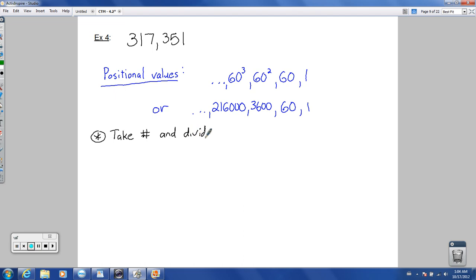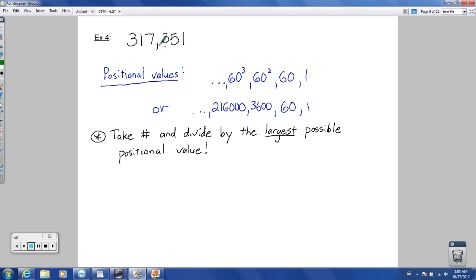This is how we'll do all these kinds of problems, going from the Hindu-Arabic to this other base numeral system. So take the number and divide by the largest possible positional value.